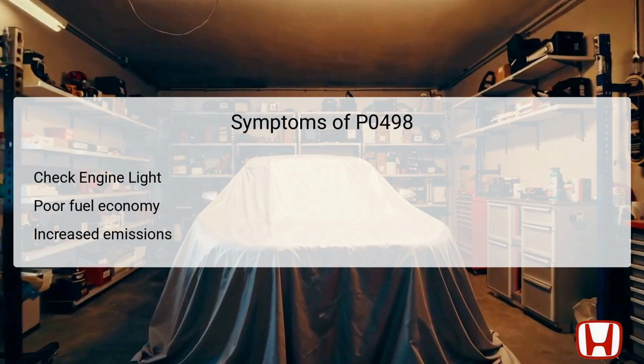There could be a noticeable increase in vehicular emissions, which not only affects environmental compliance, but may lead to a failed emissions test. Moreover, performance issues such as rough idling or engine stalling could arise, necessitating immediate investigation.